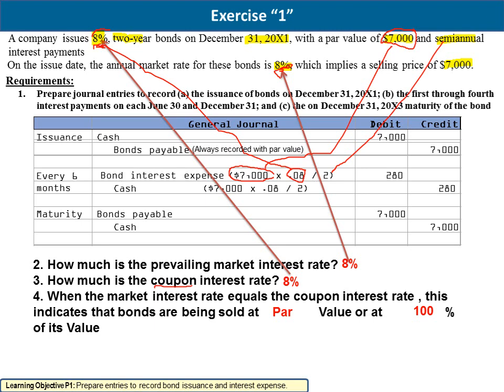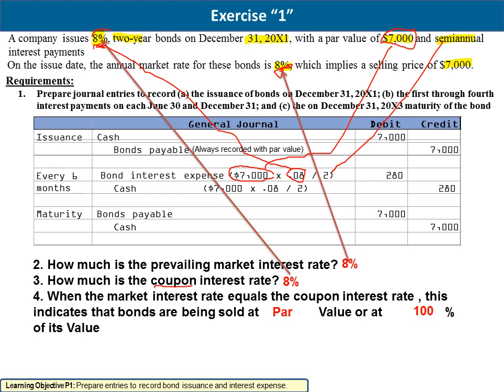This means that when the market interest rate equals the coupon interest rate, the bonds are being sold at par value or at 100% of its value, because sometimes the bond can be traded in the market at a value below its par value. In this case, we will treat bonds to be sold at a discount.